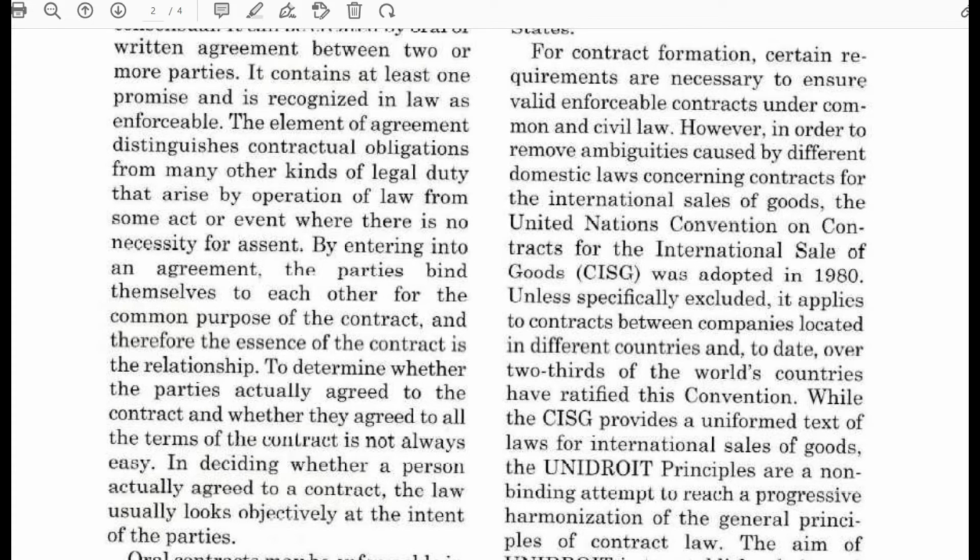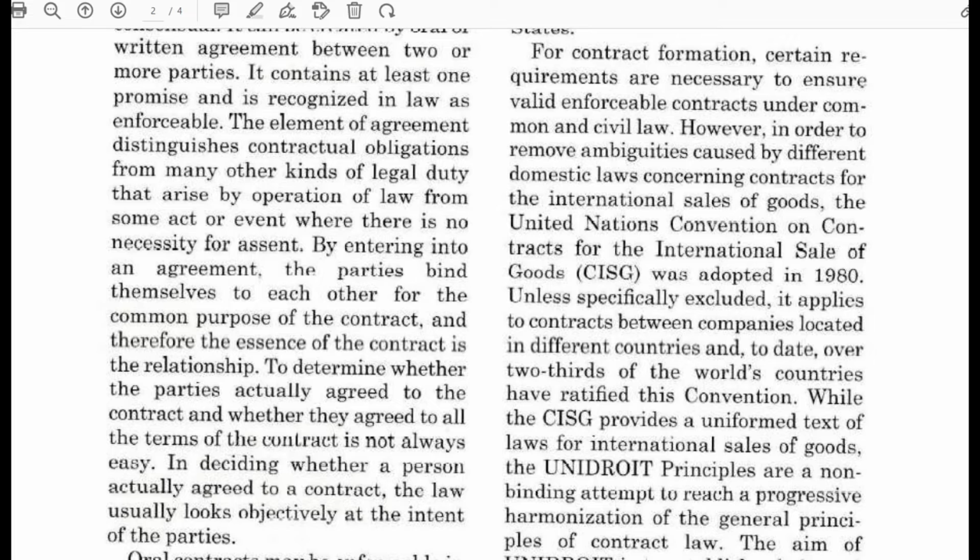For contract formation, certain requirements are necessary to ensure valid enforceable contracts under common and civil law. However, in order to remove ambiguities caused by various domestic laws concerning contracts for the international sale of goods, the United Nations Convention on Contracts for the International Sale of Goods, CISG for short, was adopted in 1980.